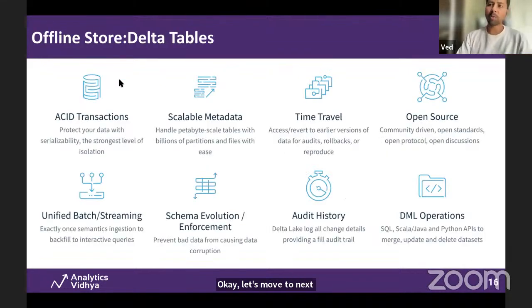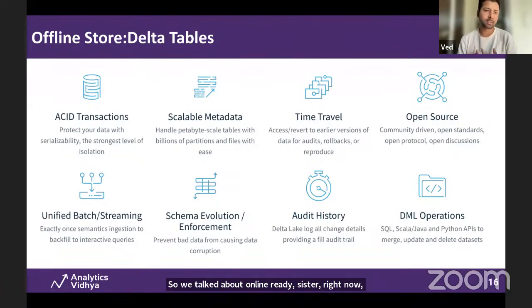So we talked about the online Redis store, right? Now the offline store. The purpose of the offline store is for when you need training data for offline purposes, when you are building a model. There you basically don't have a latency problem. It's fine, and you are fetching a lot of different data.